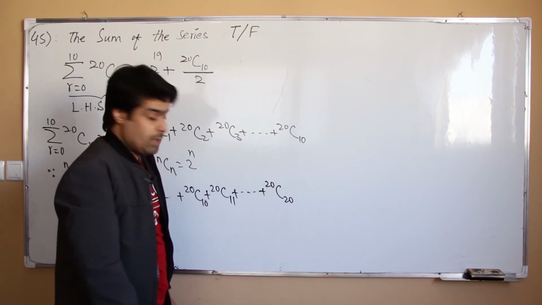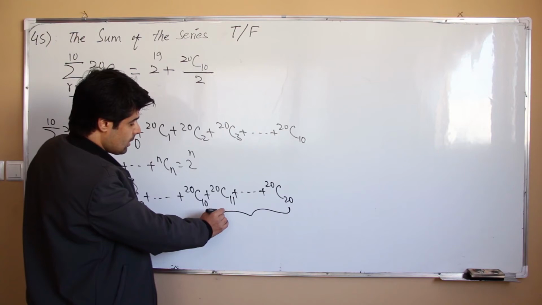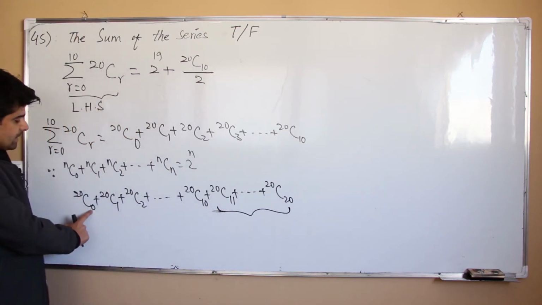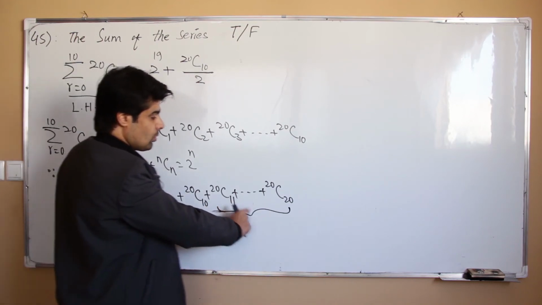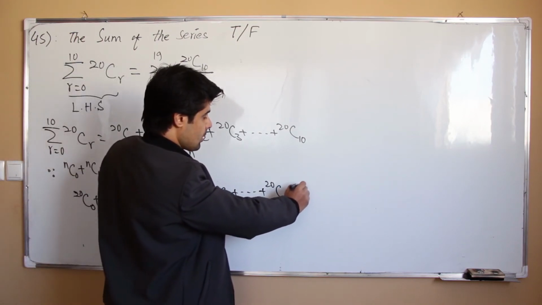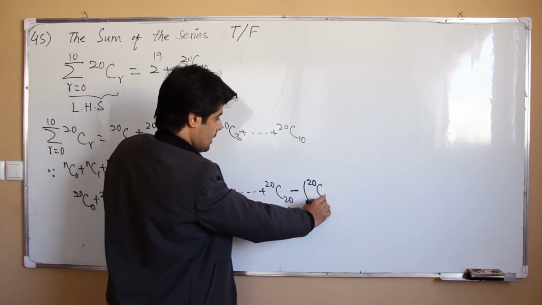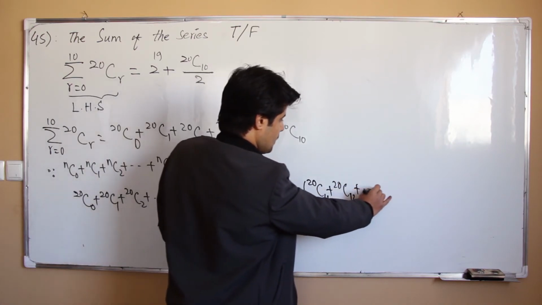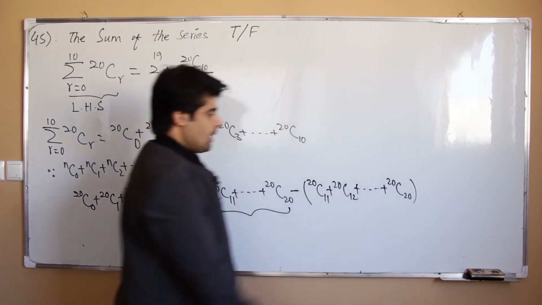Yes, we can write. But we have this one more than the previous. Previous was 20C0 up to 20C10, but here we have this more. So I will subtract what I added: 20C11 plus 20C12 up to 20C20.